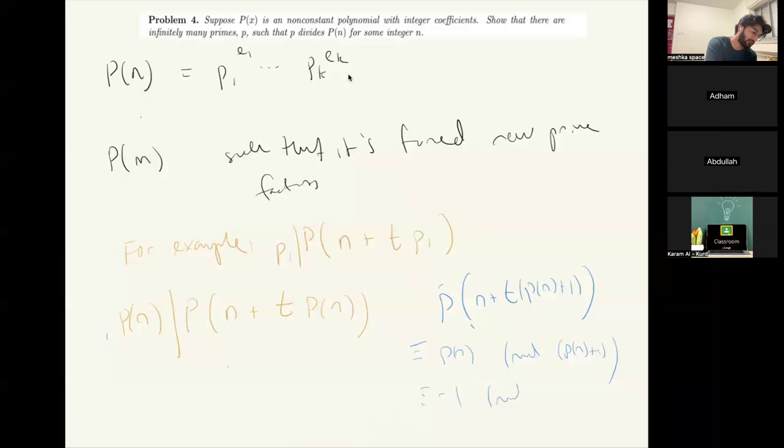But I don't know, it doesn't give me new prime factors, right? I don't think I get new prime factors from here.